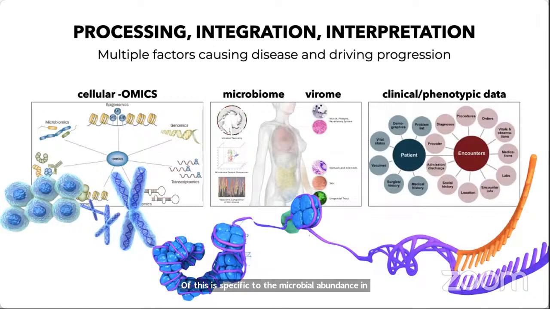And we can also integrate cellular omics data with clinical phenotypic data, which is done at several different integrative levels that can be associated with common diseases, with specific and rare genetic diseases, and with cancer in many different situations.